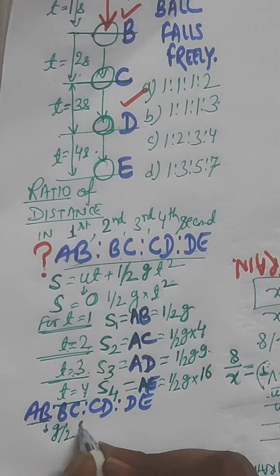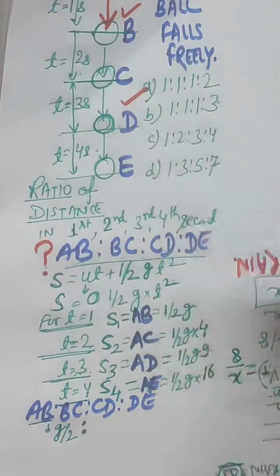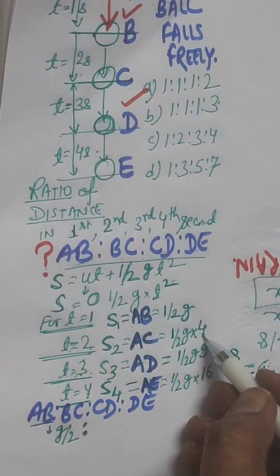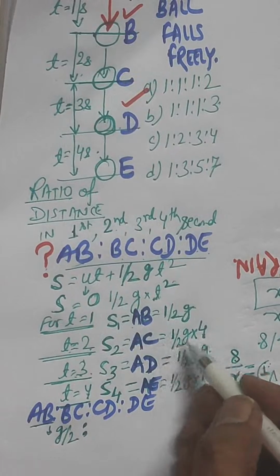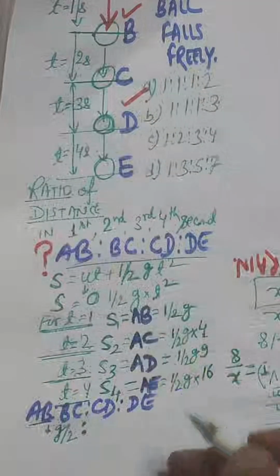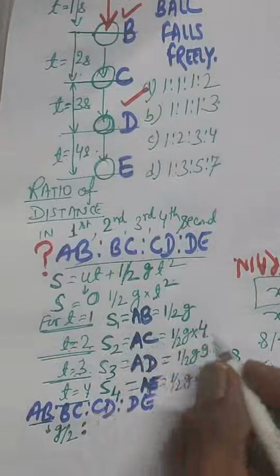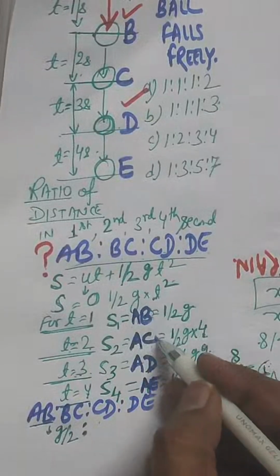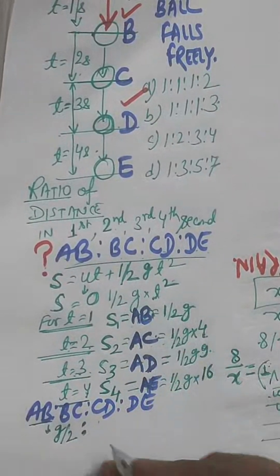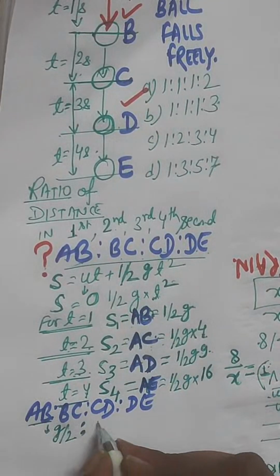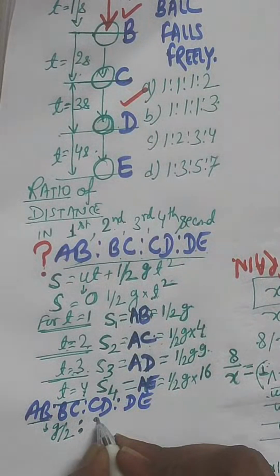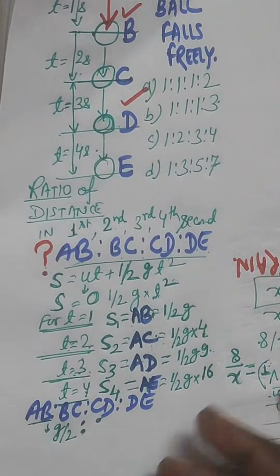And what is BC? BC is nothing but AC minus AB. AC minus AB will be BC. So that will be 2g.